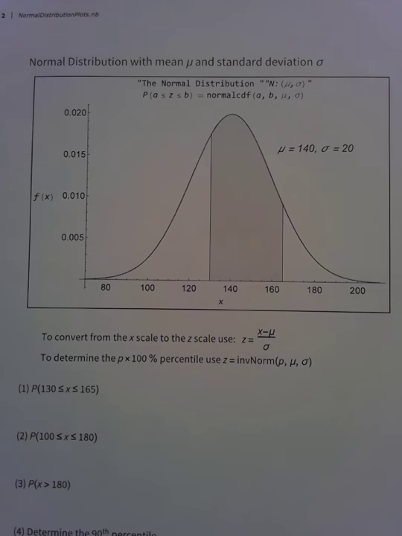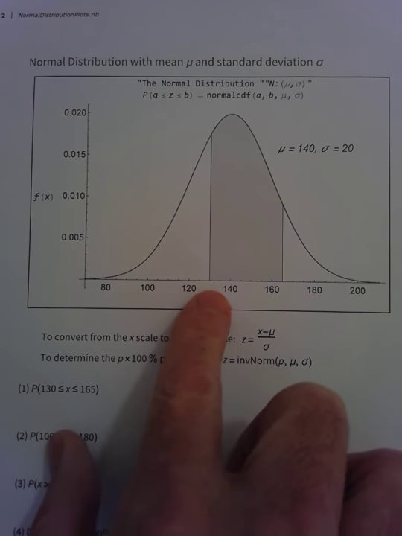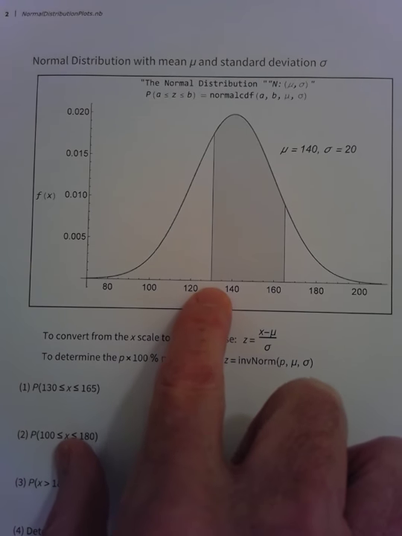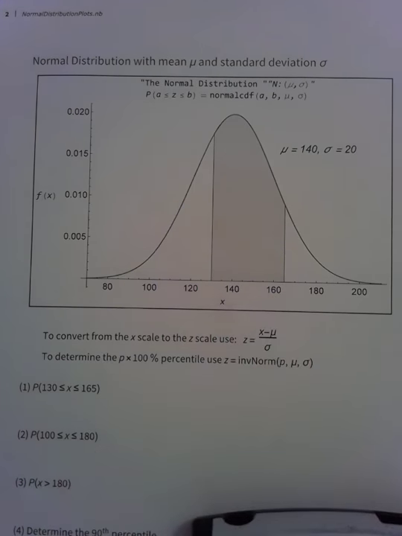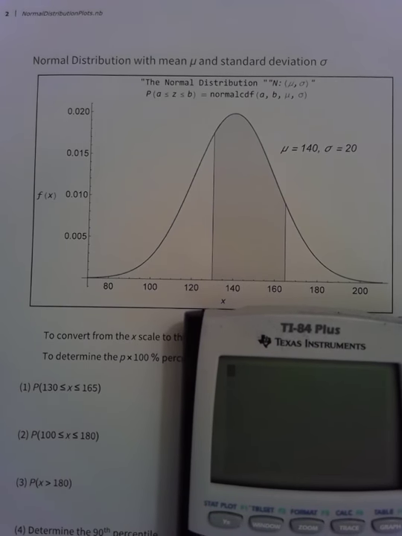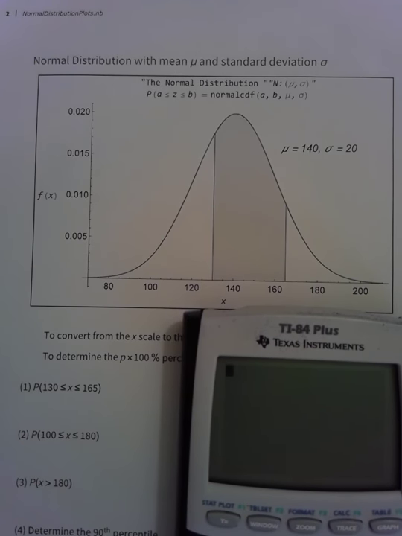Let's do that for this first problem that's highlighted here. Find the probability that a value will fall between 130 and 165. So first I'm going to convert these numbers to z numbers, and then I'm back on the previous page. I'm going to use parentheses so things go right. 130, that's the value, subtract the mean of 140, and then divide by the standard deviation, which is 20.